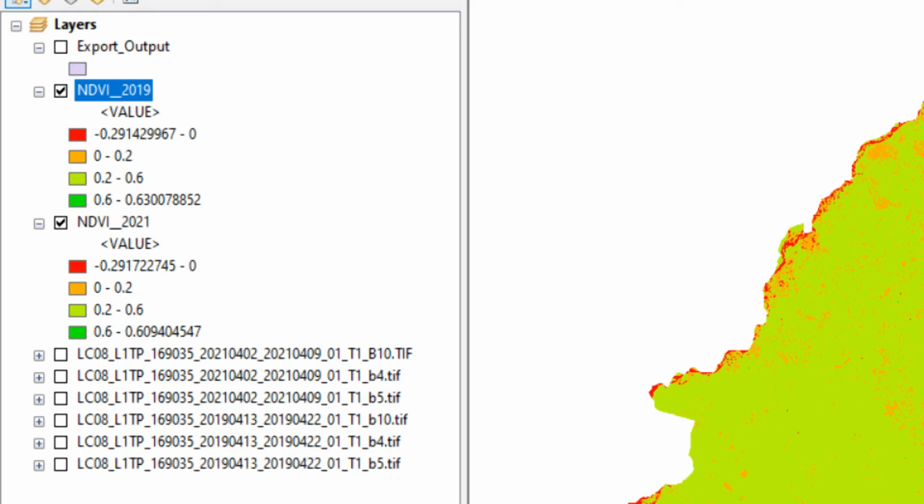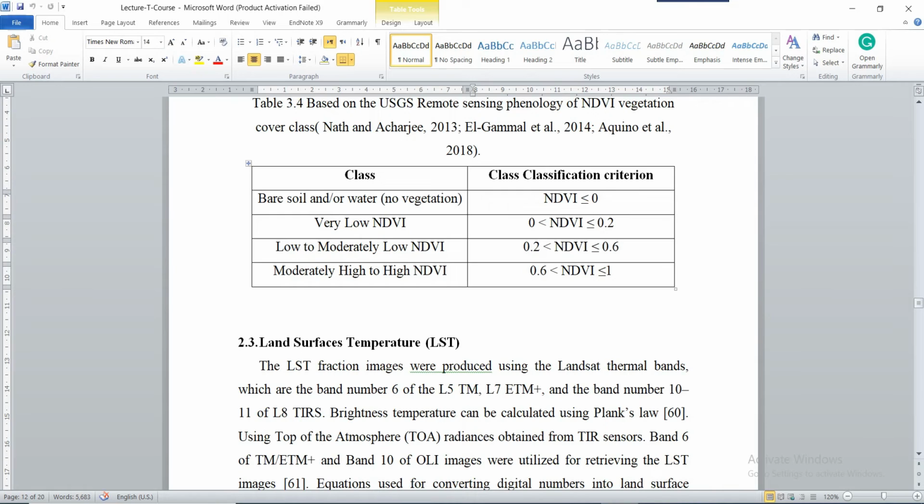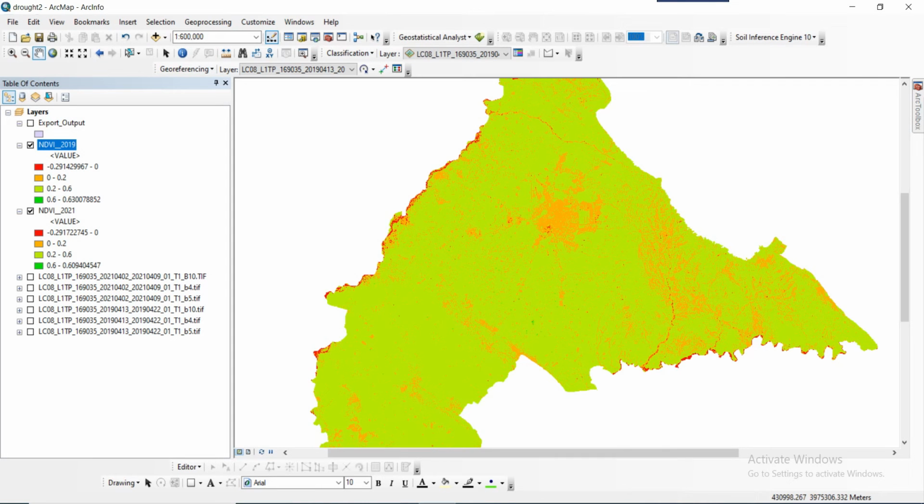All of you know that these negative values don't represent vegetation cover, so we can make a mask for the image to get rid of, or eliminate, these pixel values.